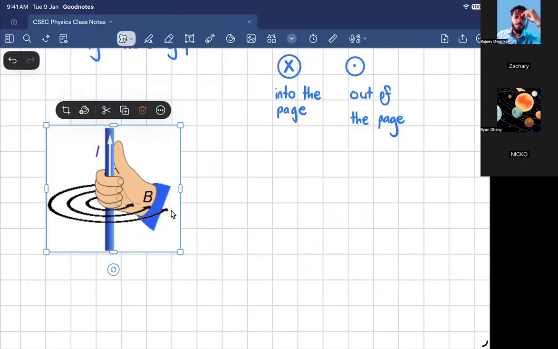I'm saying that around the wire, you're going to have a magnetic field, and that's in circular motion. So, Nikolai, if we're talking about circular motion, what are the different types of directions we're considering if you're going around in a circle? There are two different types of directions. What are they?